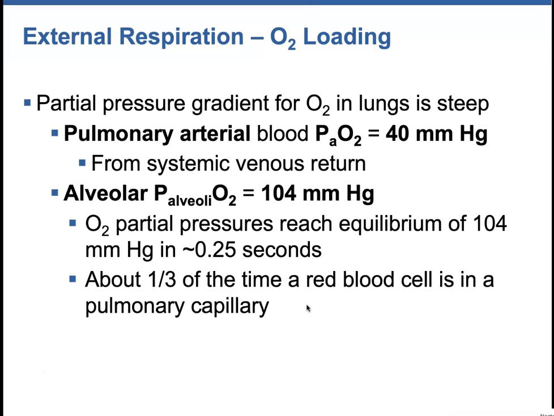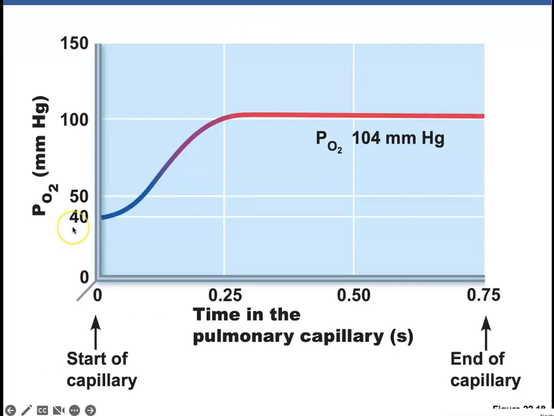So in the alveoli, remember that when we inhale, we have a higher concentration of oxygen relative to what is going to be in the blood. So we can have that loading of the oxygen from the alveoli moving into the capillary. And that happens very, very quickly. So it doesn't take very long. All right. So what is taking place is you have your loading of the oxygen based on your partial pressure into that capillary.